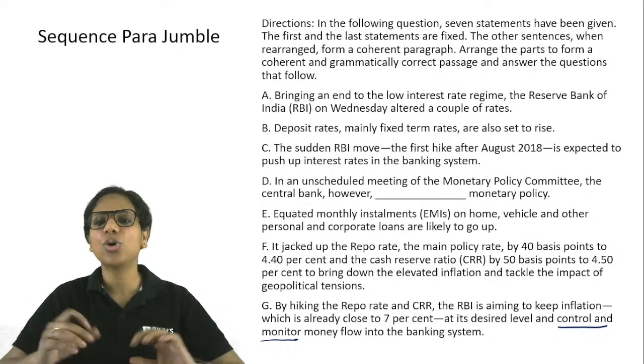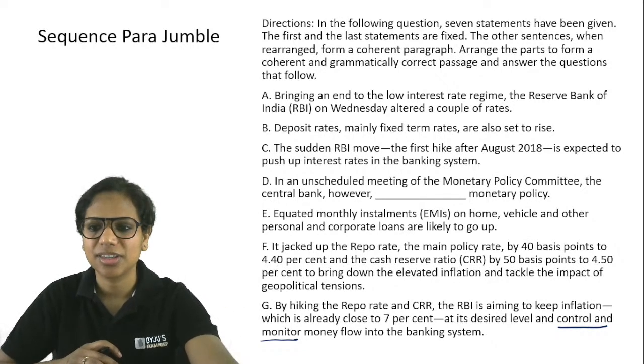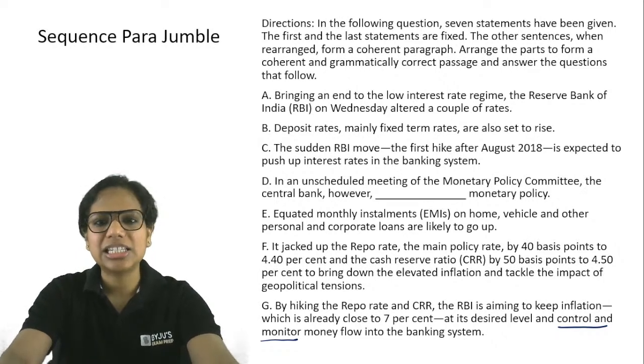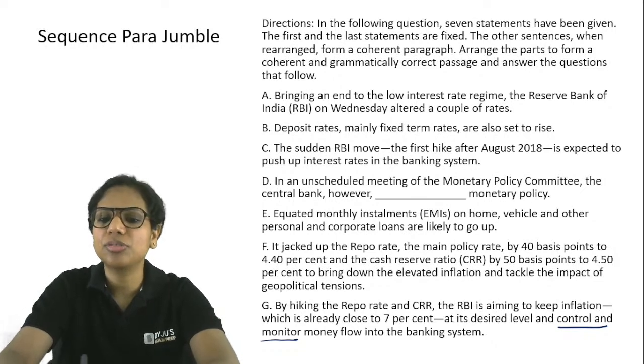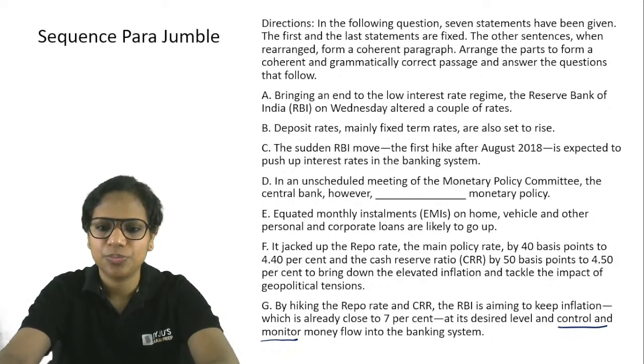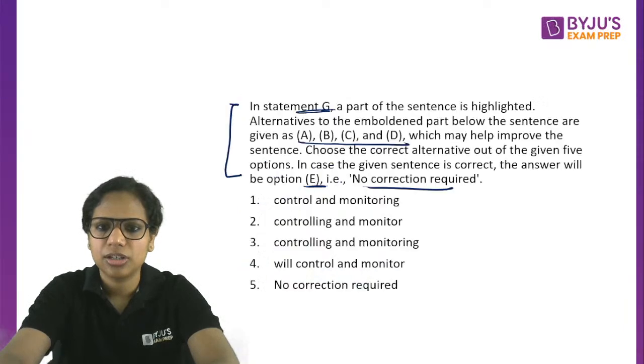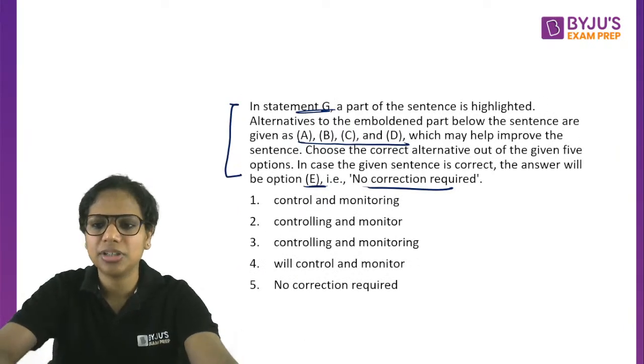So you have to treat it accordingly. Read the sentence. By hiking the repo rate and CRR, the RBI is aiming to keep inflation, which is already close to 7%, at its desired level and control and monitor money flow into the banking system. Let's see what should come here.